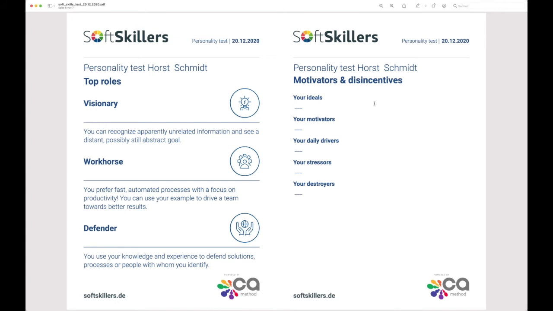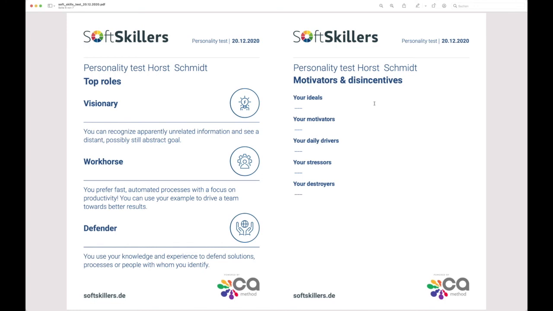Generally, look from the helicopter. How many ideals has a person? How many motivators? How many drivers? Is the summary of the drivers, motivators, and ideals higher than the stressors and destroyers? That means that the person is generally in a good mood, has a good attitude, has more positive attitudes towards vocational and private life.